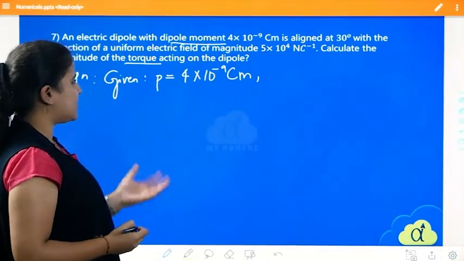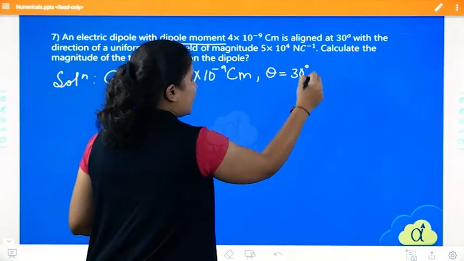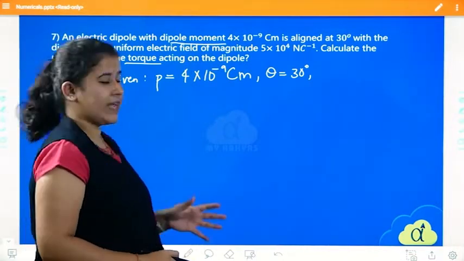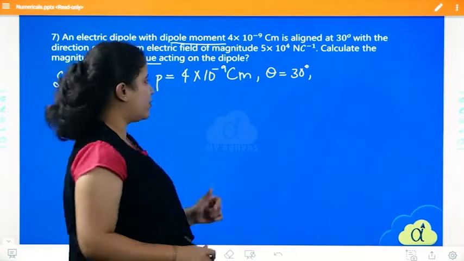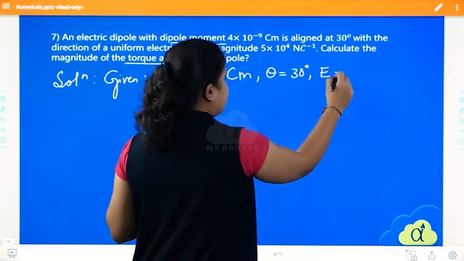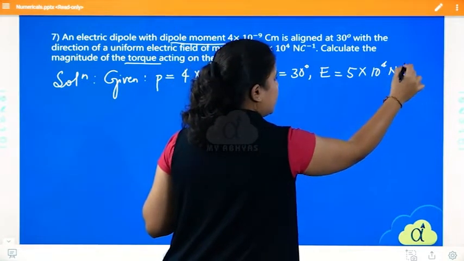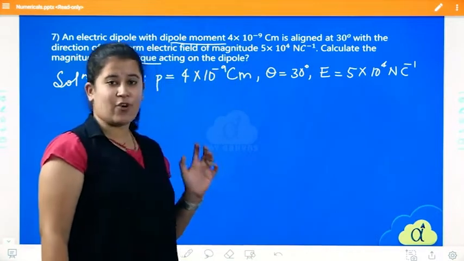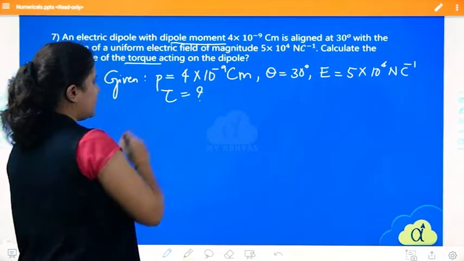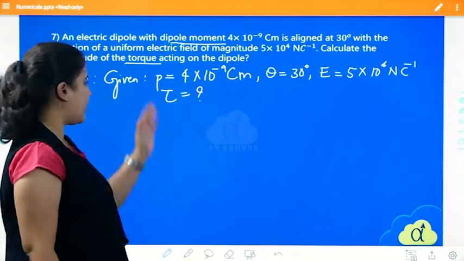Moving on, there is an angle theta which is 30 degrees, and the uniform electric field has a magnitude E equal to 5 into 10 raised to 4 Newton per coulomb. What should you find out? You have to find the torque acting on the dipole.